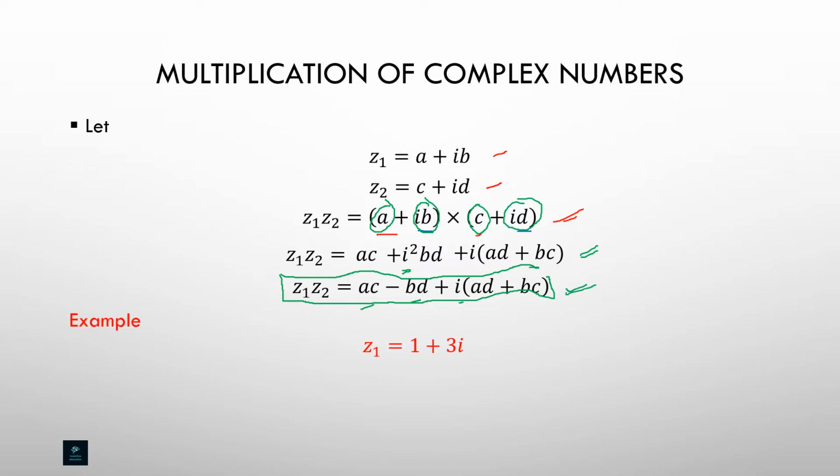For example, if we have z1 equal to 1 plus 3i and z2 equal to 2 minus 4i, then z1 into z2 is equal to 1 plus 3i times 2 minus 4i.